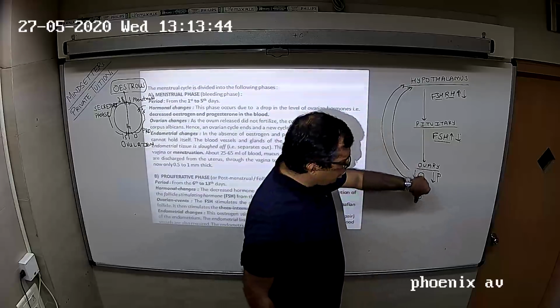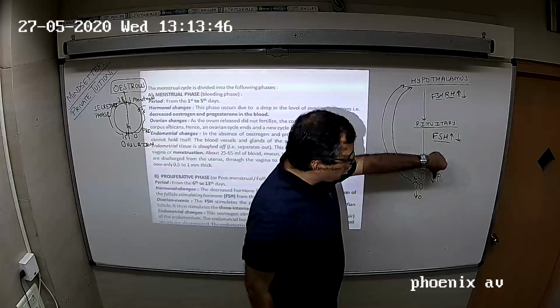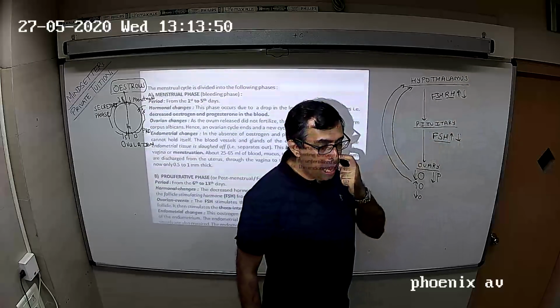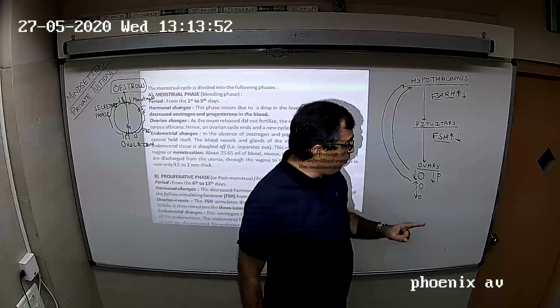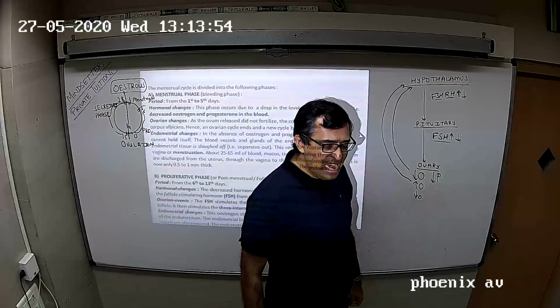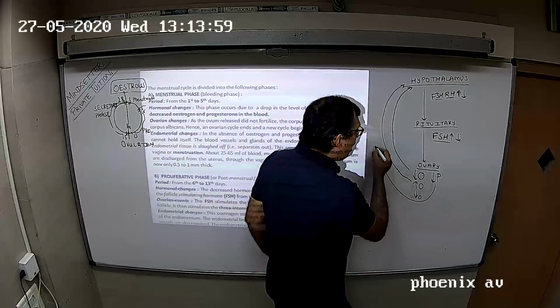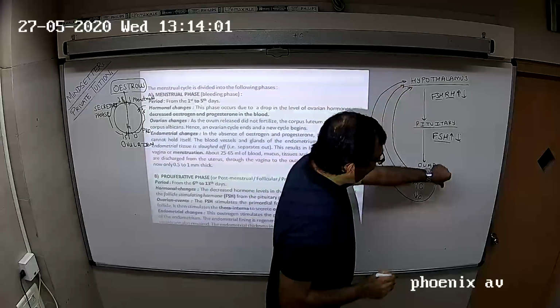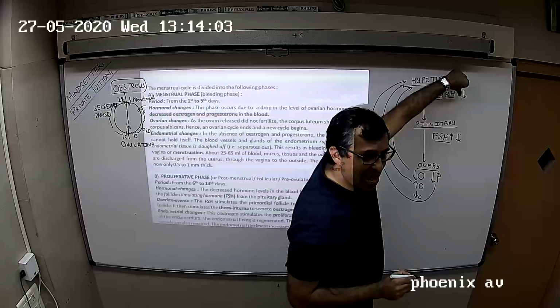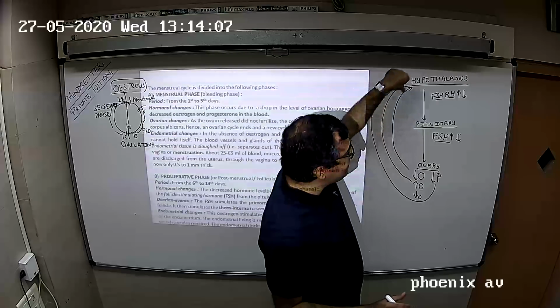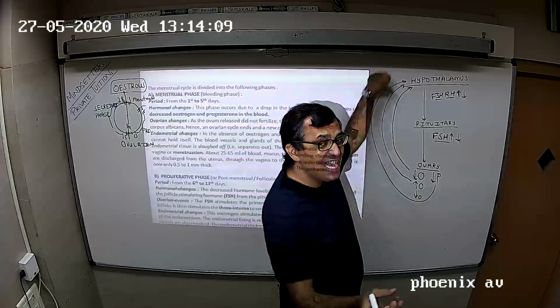So estrogen is low, progesterone is low, FSH low, FSH-RH low. Now progesterone levels are very less. Less progesterone gives a positive feedback to the hypothalamus, and hypothalamus will try to increase the secretion of progesterone.